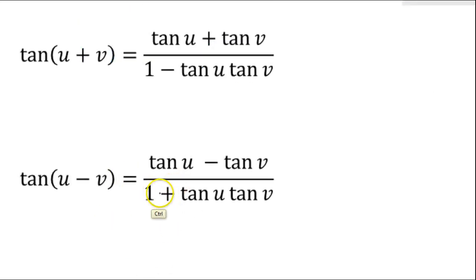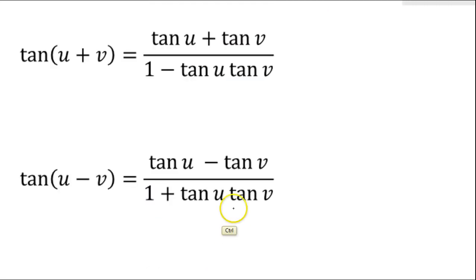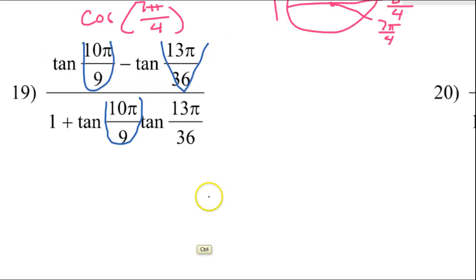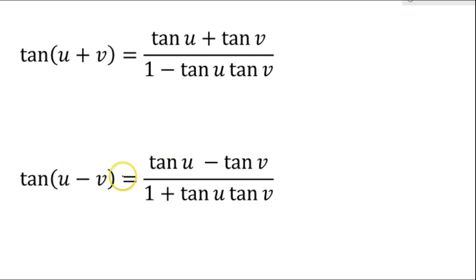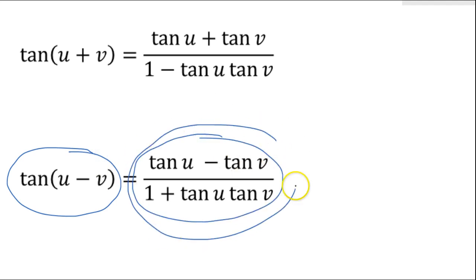And then in the denominator, I have 1 plus tangent of u times the tangent of v. Oh my gosh, it's the same exact thing. So that must mean I can go in the other direction as well. If this equals this, then this must equal this.